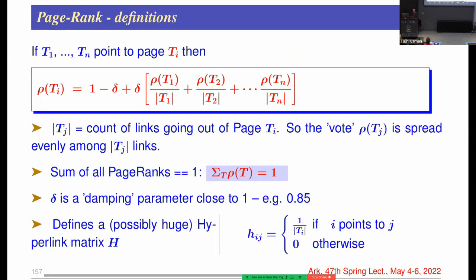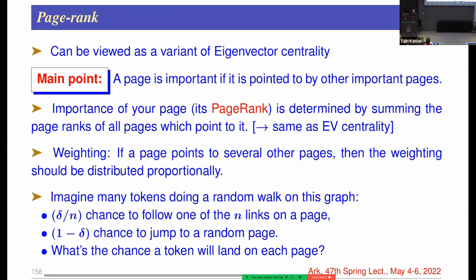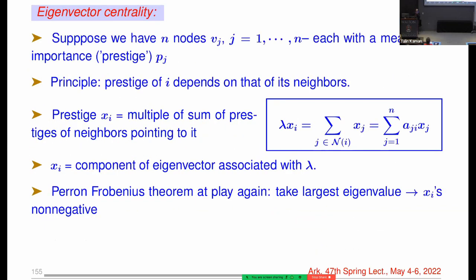So eigenvalue centrality, or eigenvector centrality, is based on a very simple assumption. There's this notion of prestige: if you have n nodes, each with a measure of importance, a prestige, x_j, the principle is that the prestige of i depends on that of its neighbors.